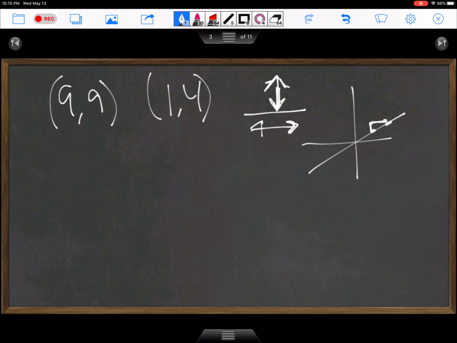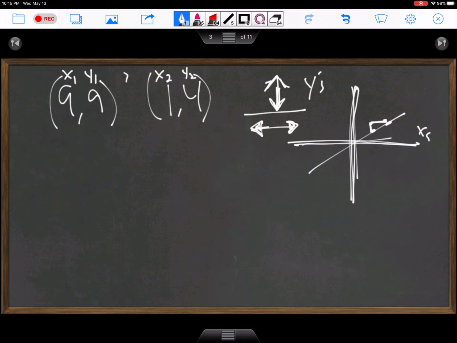Up and down on our graph would be like the y's, and side to side would be like the x's. So I'm going to label my points x1, y1, x2, y2, and really just what that means is here's my first point, x and y, here's my second point, x and y. And here's the equation that you're going to use. You're going to use y2 minus y1 over x2 minus x1.